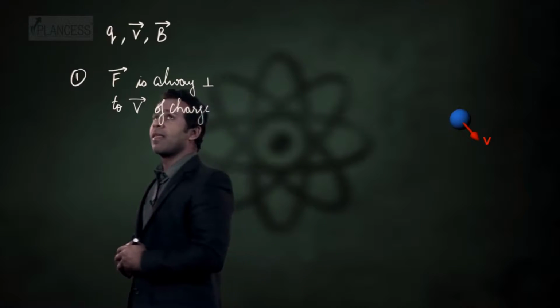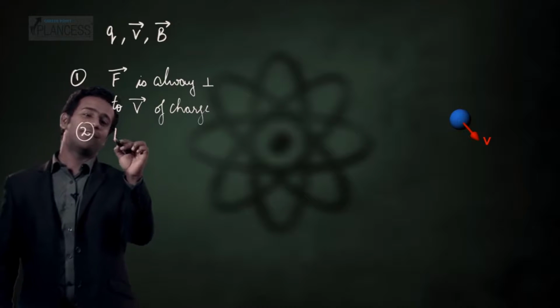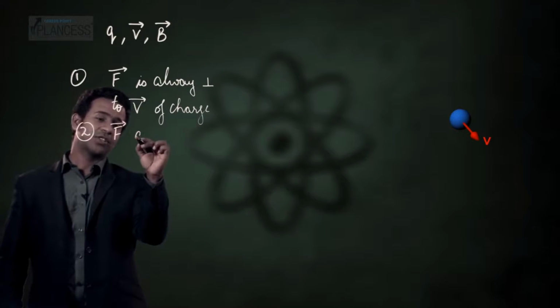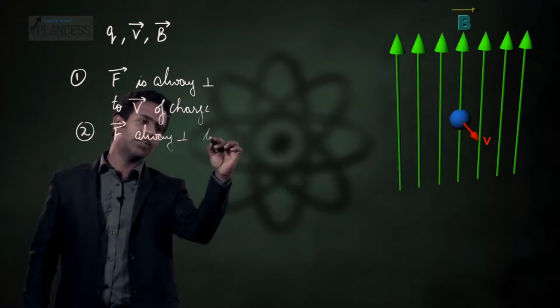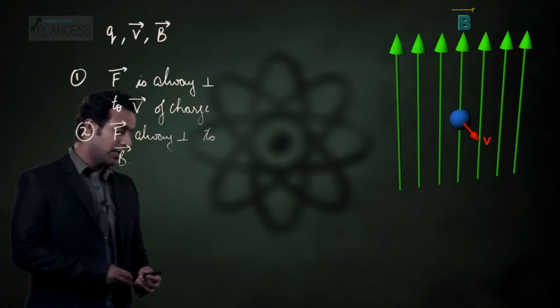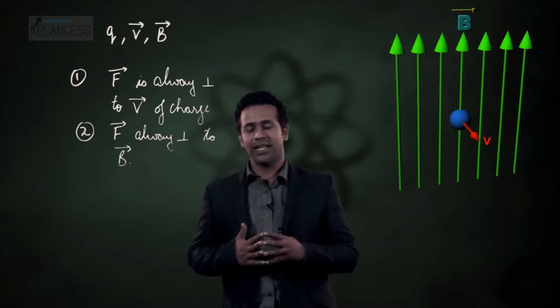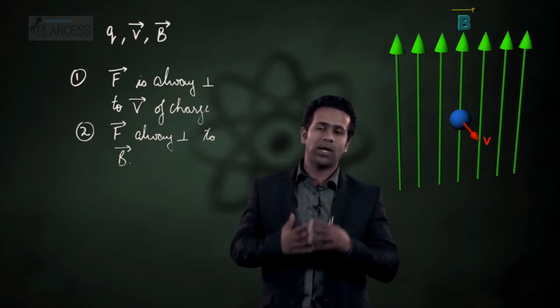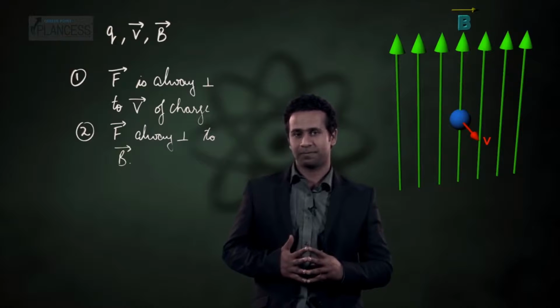The second thing about this force is that this force is always perpendicular to the magnetic field. So, this force is not only perpendicular to velocity, it is at all times perpendicular to the magnetic field as well.